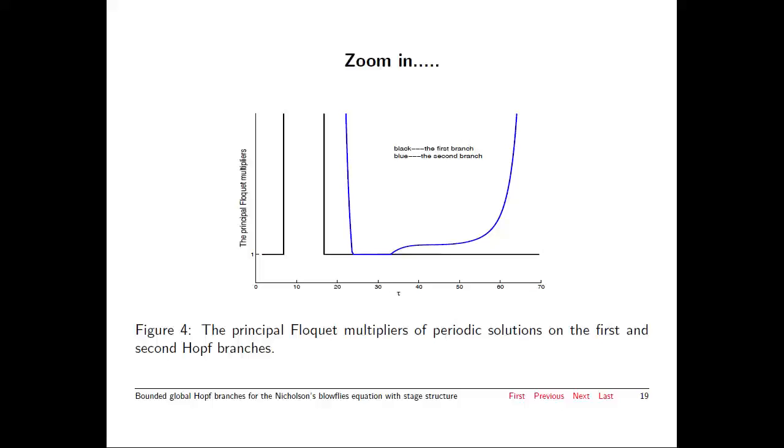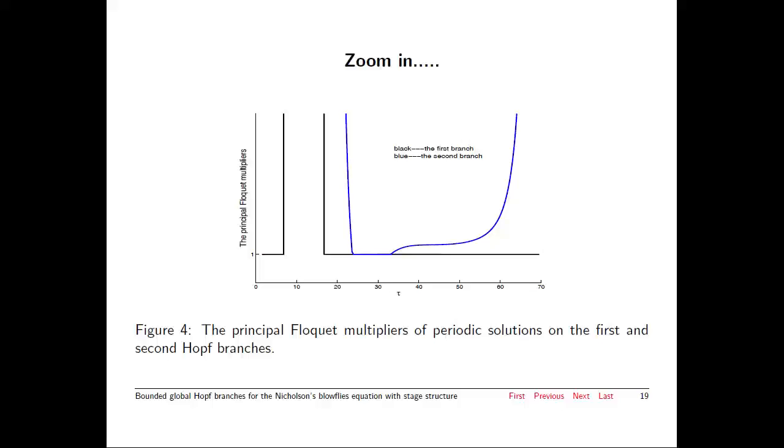And on the second branch, it's totally different. On the second branch, the periodic solution is first unstable, then stable, then unstable again.